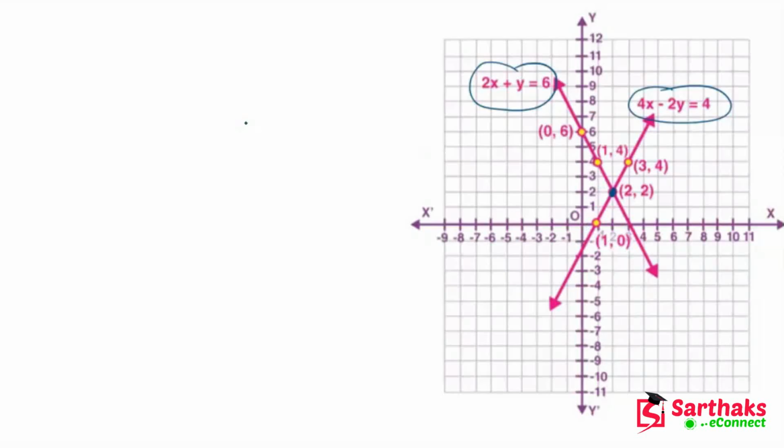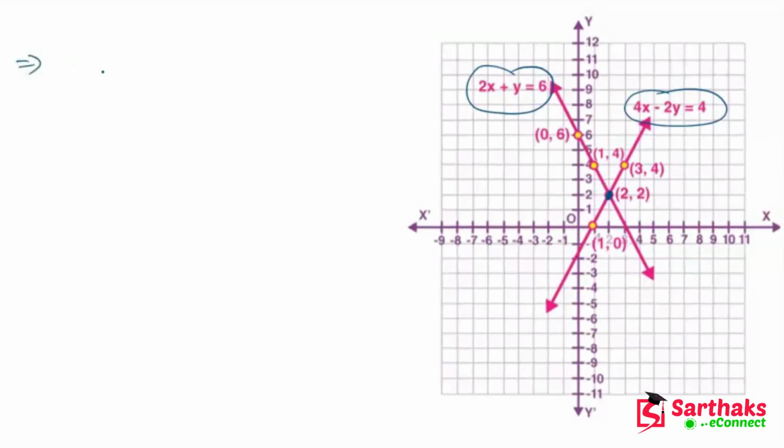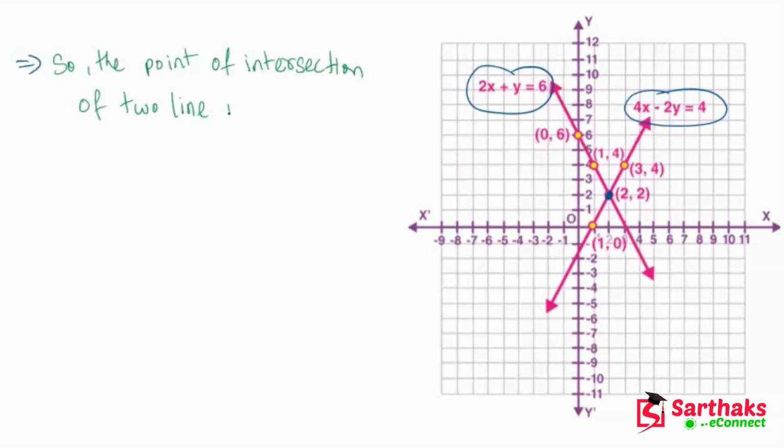So the point of intersection of the two lines is (2, 2).